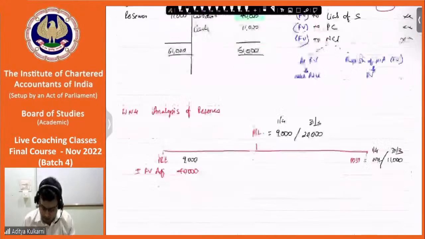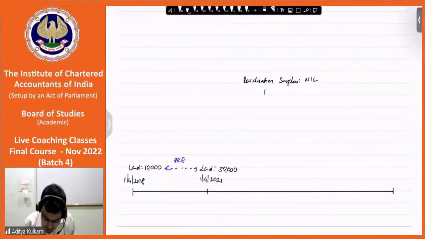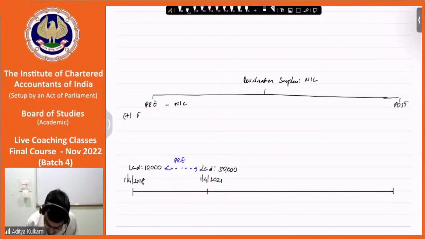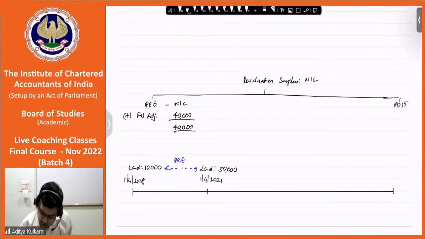So if I now divide this revaluation surplus between pre and post, both of them are 0. Add fair value adjustment. This fair value adjustment is worth 40,000. So this total comes to 40,000. This is anyways going to be nil.